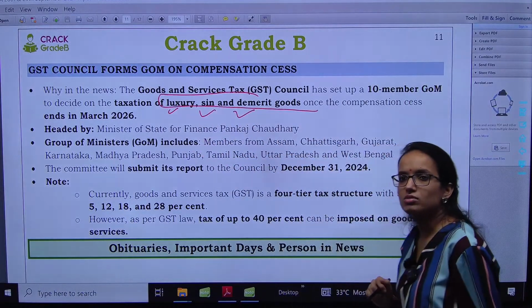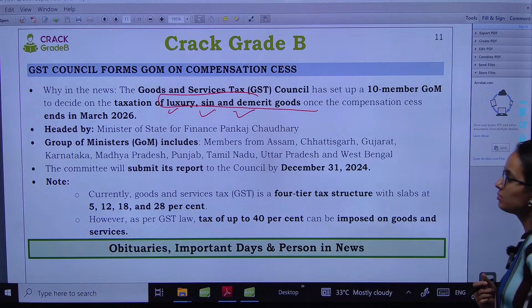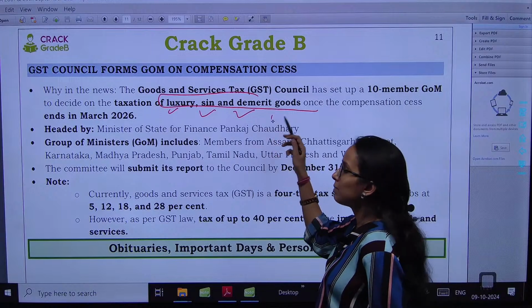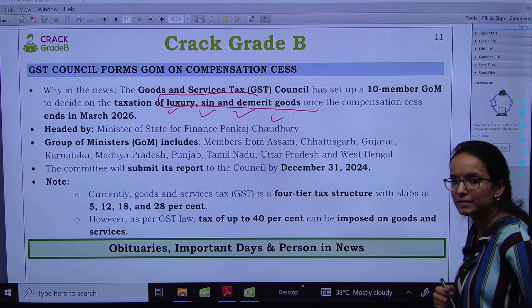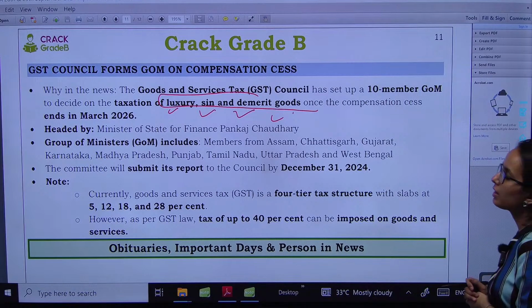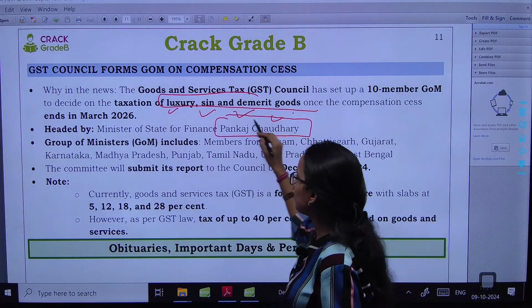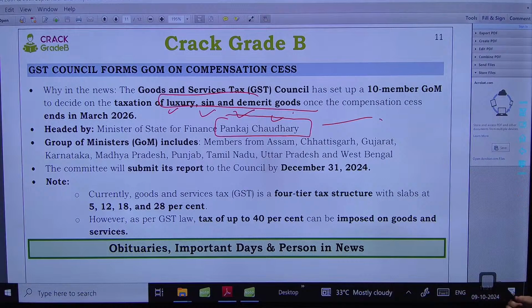So GST Council has set up a 10-member committee to decide on the GST rates for your luxury items, sin items and demerit goods, right? Once the compensation cess ends in March 2026. Now, it will be headed by Minister of State for Finance, Pankaj Chaudhary. So, please remember, it will be headed by Pankaj Chaudhary.